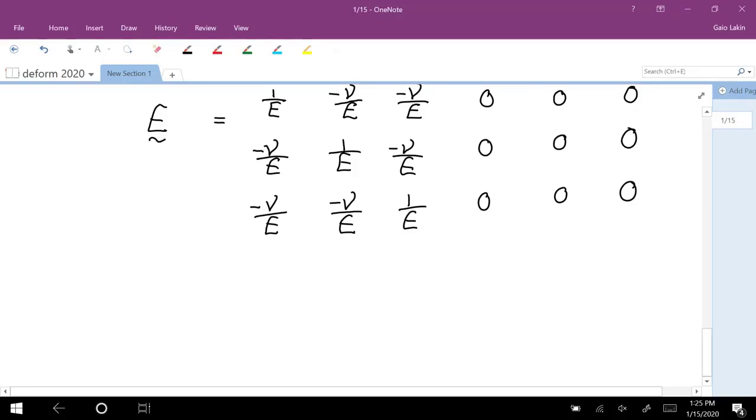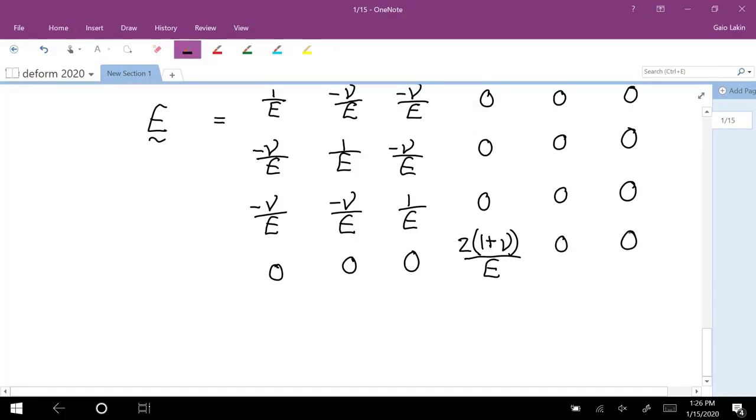And what is it? It sort of looks like a scripty V, like a V. And now in the fourth row, we start out with 3 zeros. And then the fourth element is 2 times the quantity 1 plus nu over E. And then 0, 0.